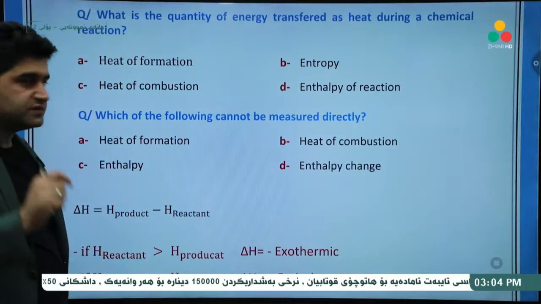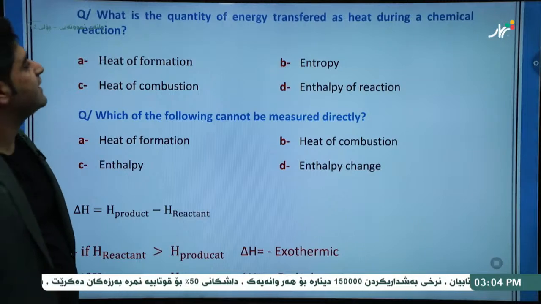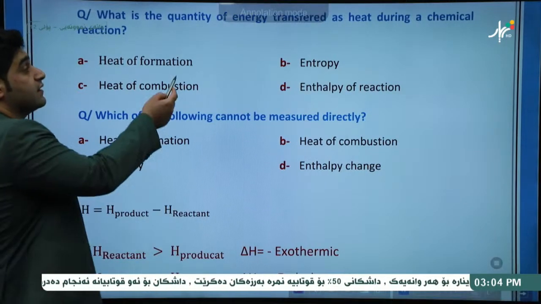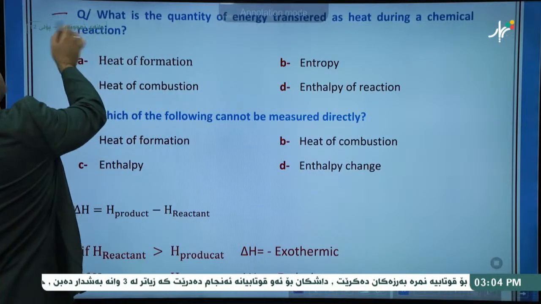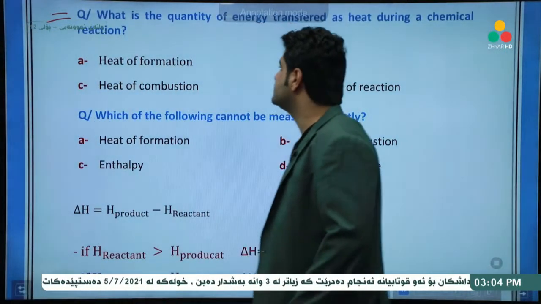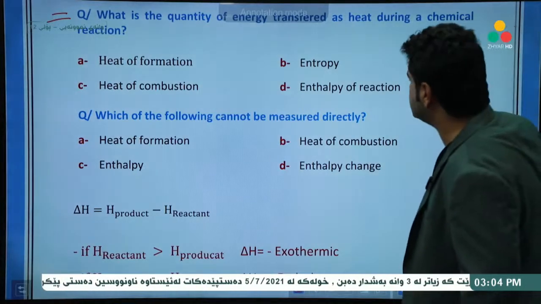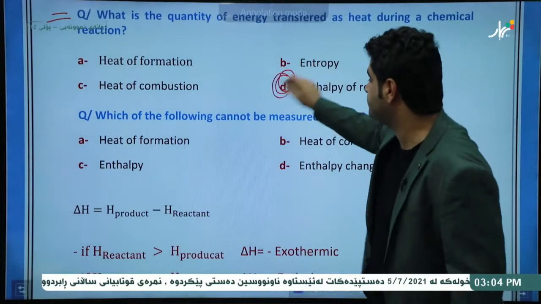Don't confuse between them. What is the quantity of energy transferred as a heat during a chemical reaction? Oh, look, that's the one that I talked about. Do you remember the explanation of enthalpy of the reaction? It is the quantity of energy transferred as a heat during a chemical reaction. So enthalpy of the reaction is the right answer.